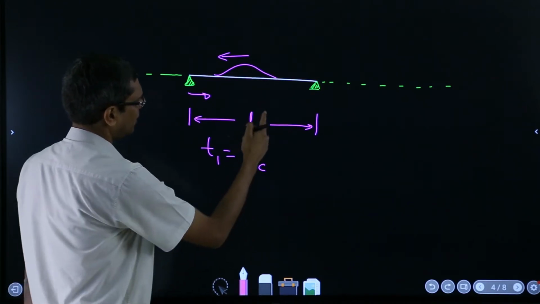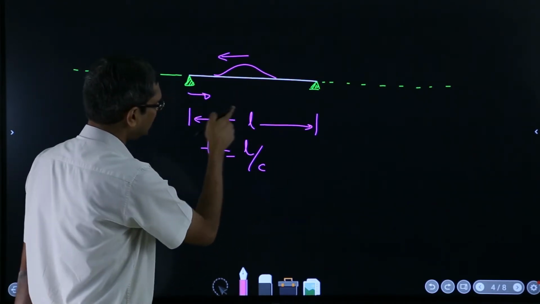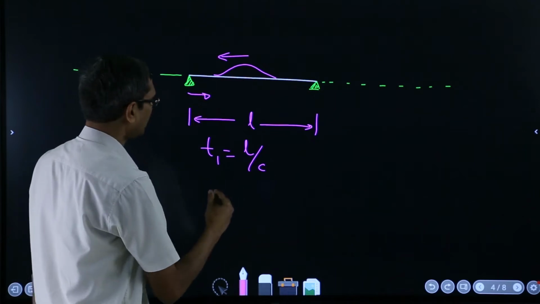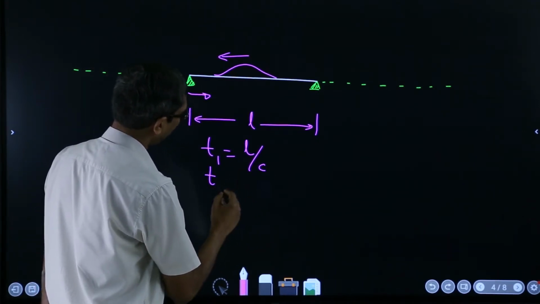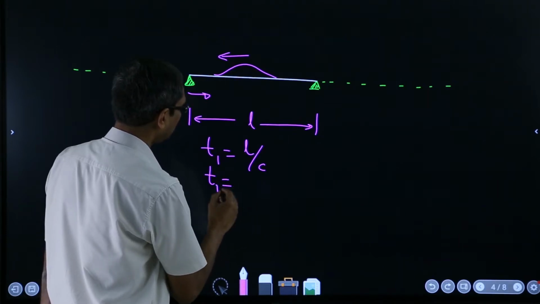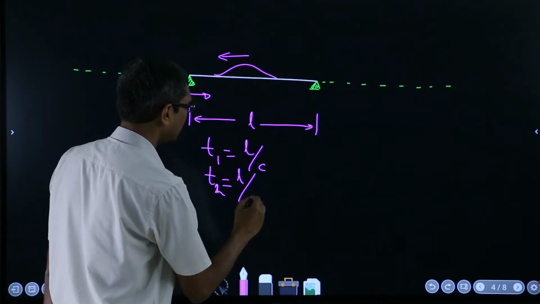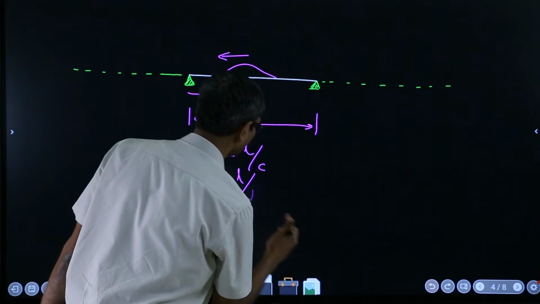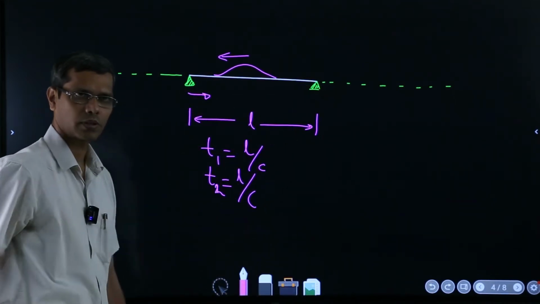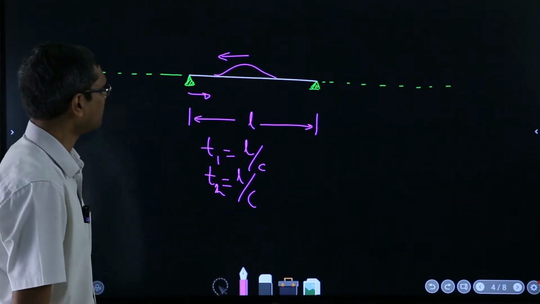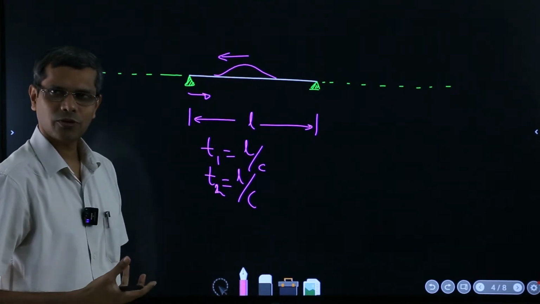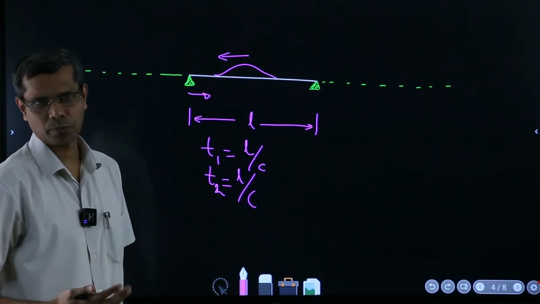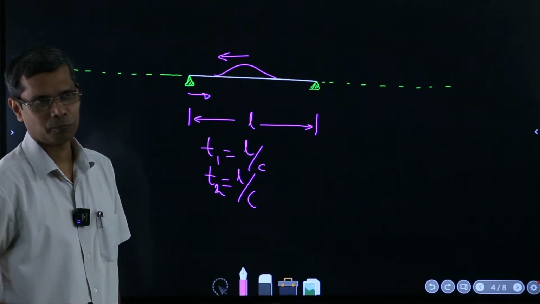Now by the time it reaches here, again it will take T1 time or T2 time, which is again L over C. Sorry. But when it comes here, by that time it would have got exactly the same shape by now, right?